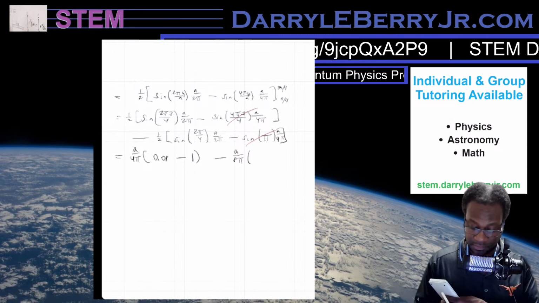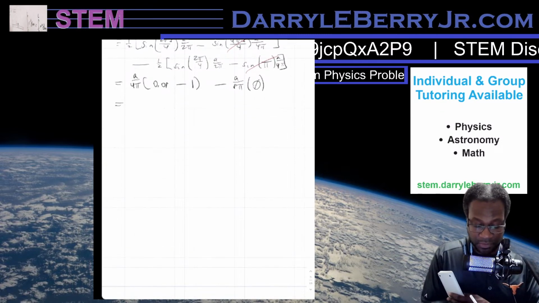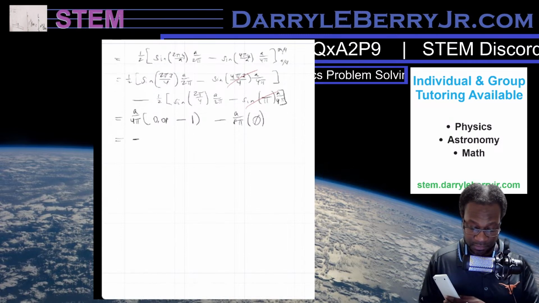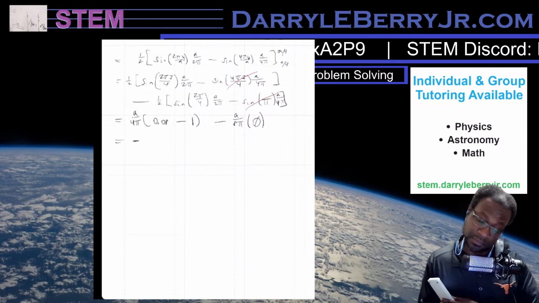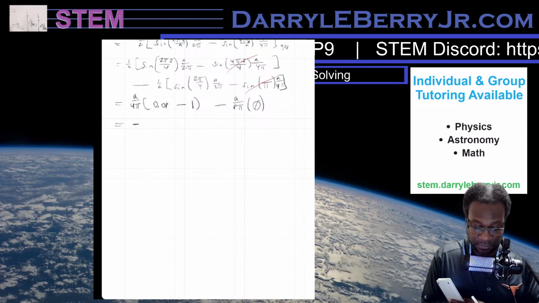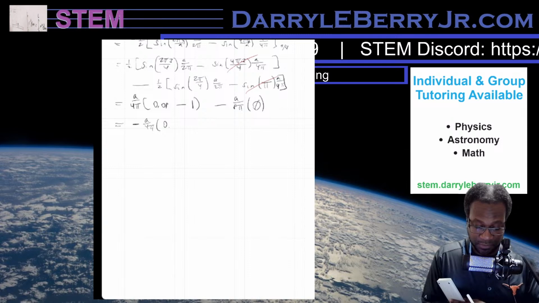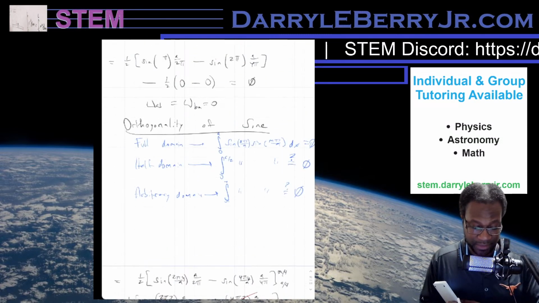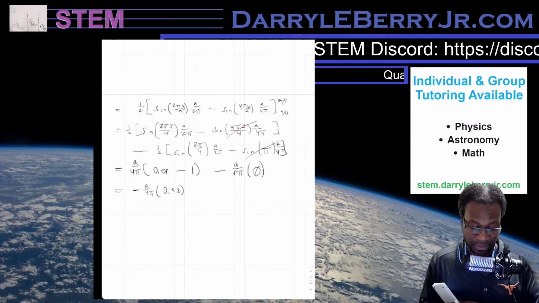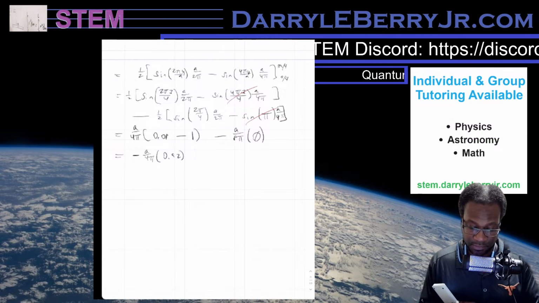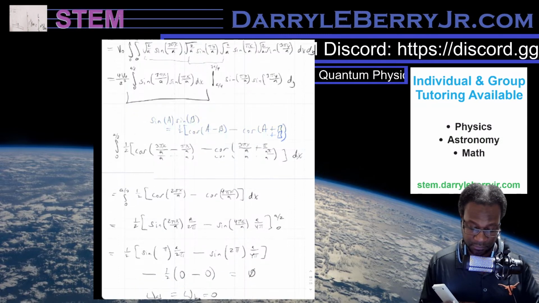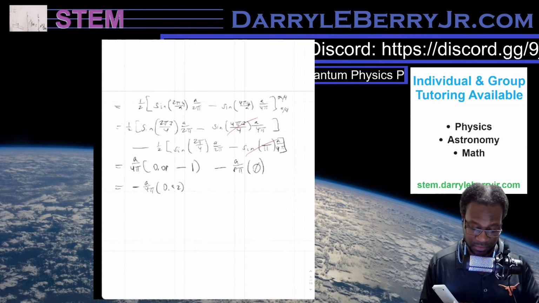Those will not. Equals negative over 4 pi, times 4 V0 over a. Forgot the other side is going to be 0 anyway, so it's all 0.